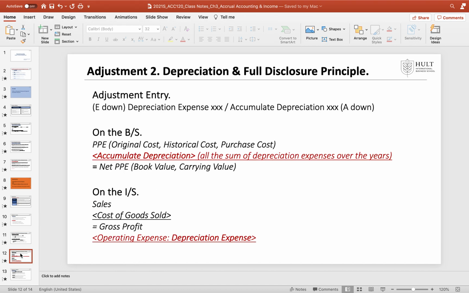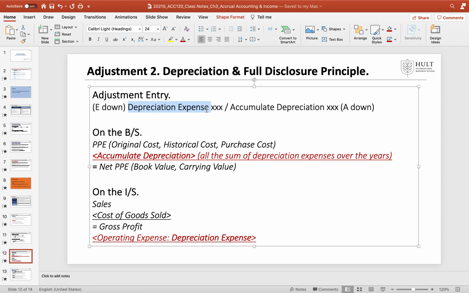So the adjustment entry is recorded once the company uses this PP&E: depreciation expense on the debit side and accumulated depreciation on the credit side, because accumulated depreciation reduces the asset, the PP&E.